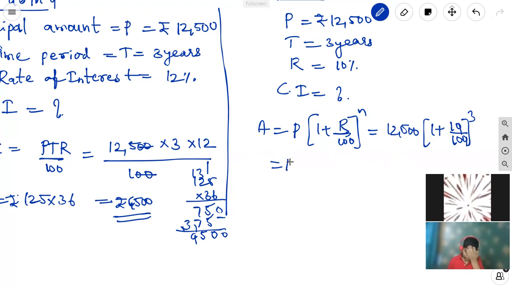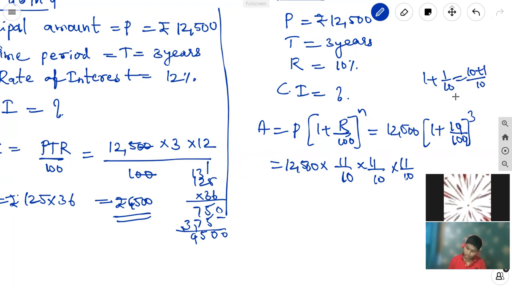Taking the LCM, 12,500 into 11 by 10 into 11 by 10 into 11 by 10. Why? Because 1 plus 1 by 10, LCM is 10, so 10 plus 1 by 10. It's 11 by 10.